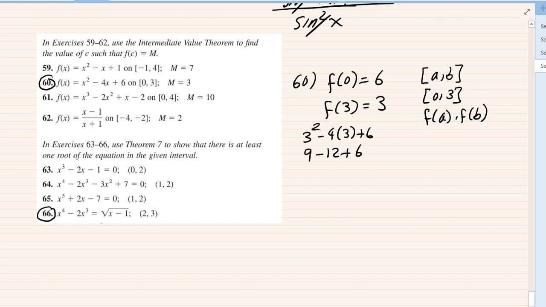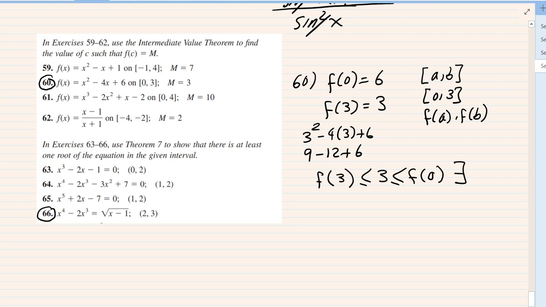So, in this case, we're going to go f at 3 less than or equal to 3 less than or equal to f at 0. True? That's how it lines up.